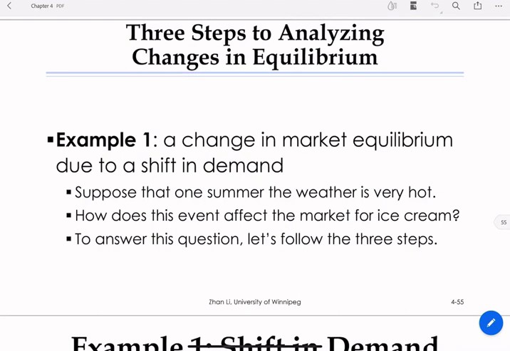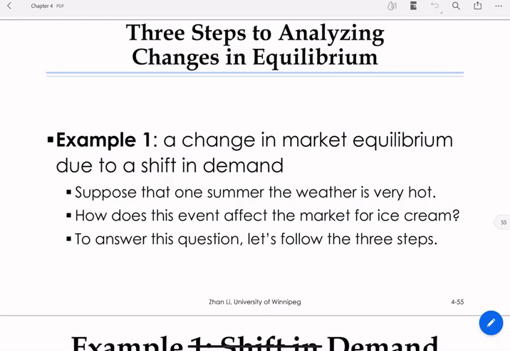And we finished the first example. It's an example in this ice cream market, right? So let me review this first example. So basically, we examine the following event. That is, the weather becomes very hot.